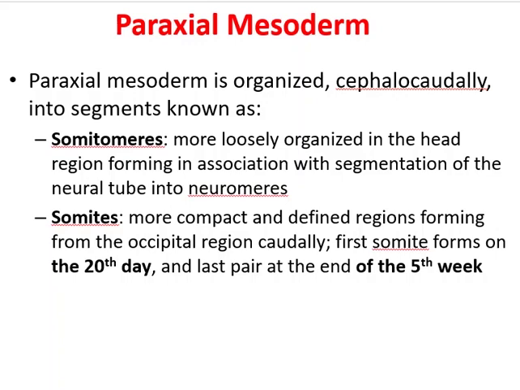The somite itself is a more compact and defined region forming from the occipital region and caudally. The first somite appears at the 20th day of development, and the last pair appears at the end of the 5th week of development.